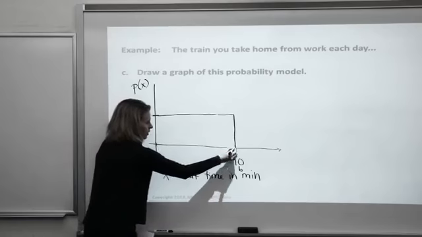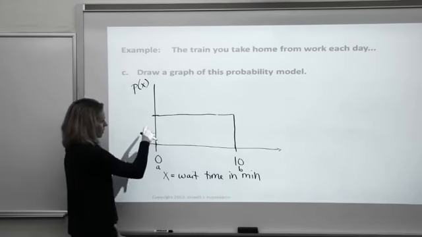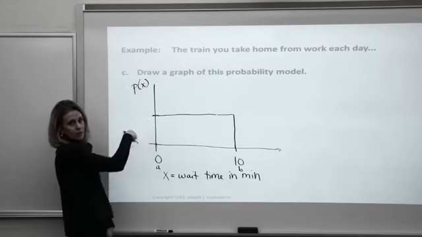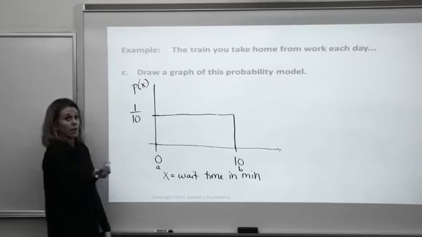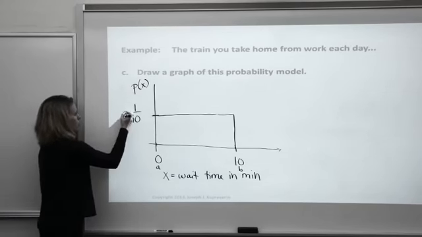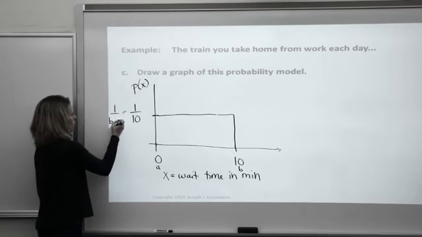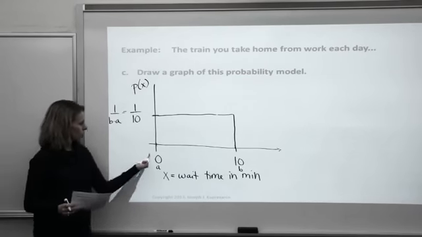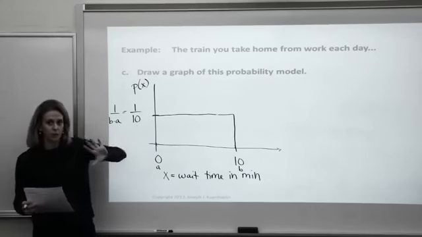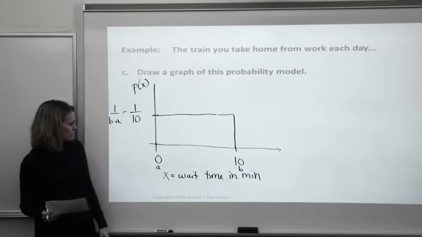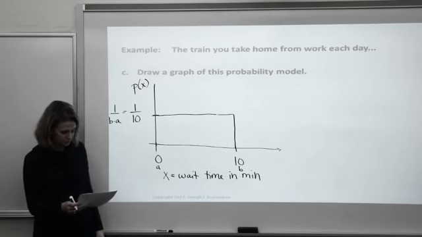So from here to here, this has a length of 10. We need 10 times something that's going to give us 1. So the something would be 1/10. This will always be 1 over b minus a. If you take whatever the length of your rectangle is, the width of that must be the reciprocal of that length there.